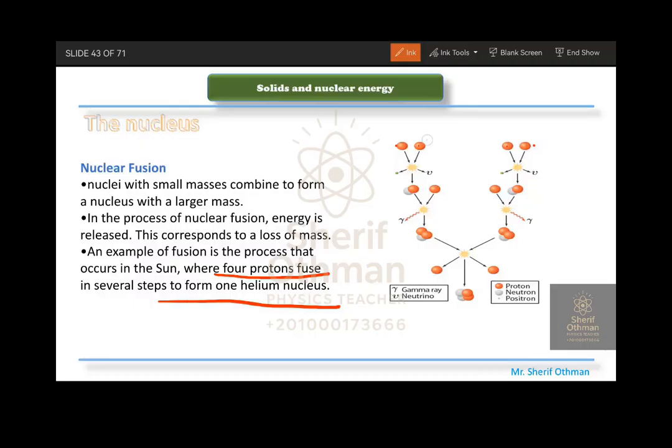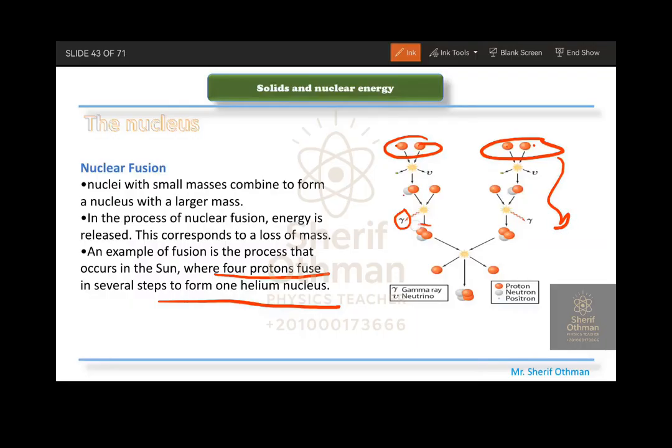So here are 2 protons, and here are another 2 protons. These 2 protons fuse together to produce 1 proton and 1 neutron. Then another proton will join them, producing gamma radiation. And this process occurs here by the same steps.